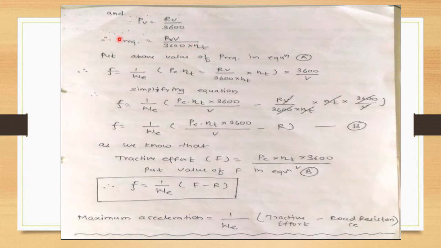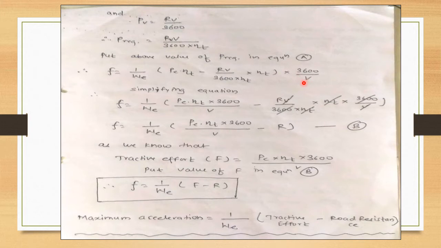Put this value of engine brake power required into equation number A. So equation A becomes acceleration is equal to 1 upon WE into PE into eta t minus RV divided by 3600 into eta t, that is the value of required engine brake power, into eta t into 3600 divided by V.